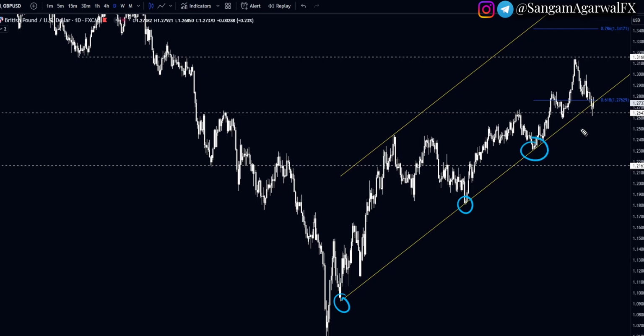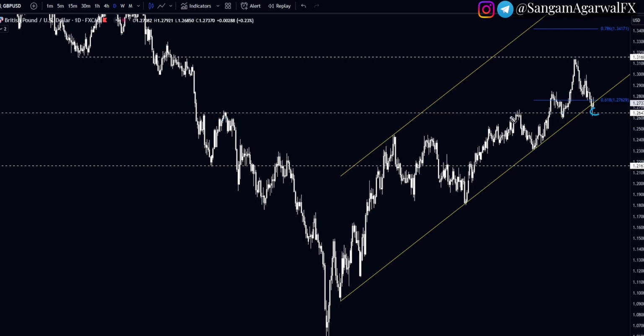Then GBPUSD, price is testing this trend line, and there is a problem with dynamic support. Candle is outside this trend line, but focus should be on horizontal support 26,476.